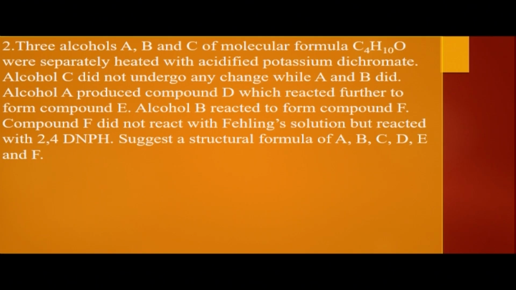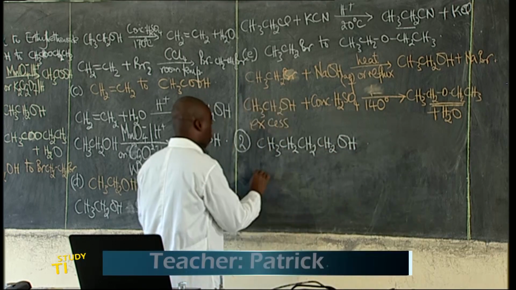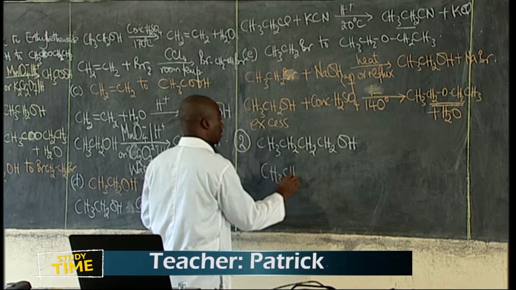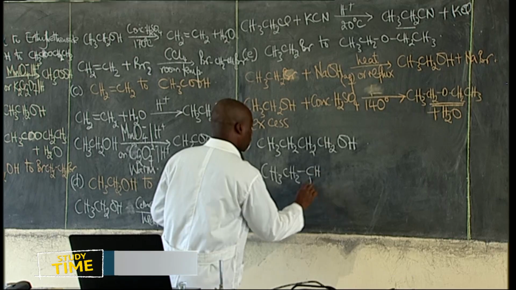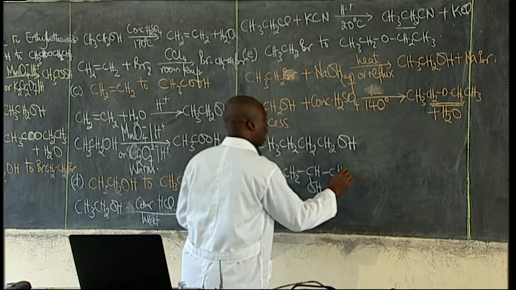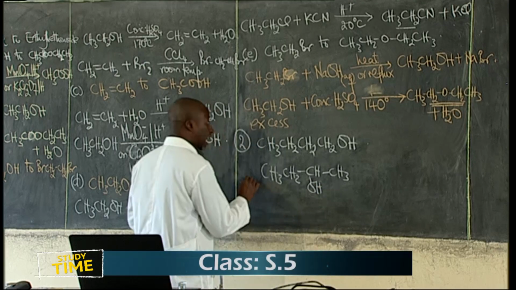So let's first write the isomers of these compounds, because they are all alcohols, A, B, C, and they are isomers. CH3CH2CH2CH2OH, carbons 1, 2, 3, 4, that is the first isomer. CH3CH2CH(OH)CH3, 1, 2, 3, 4, that's another one.